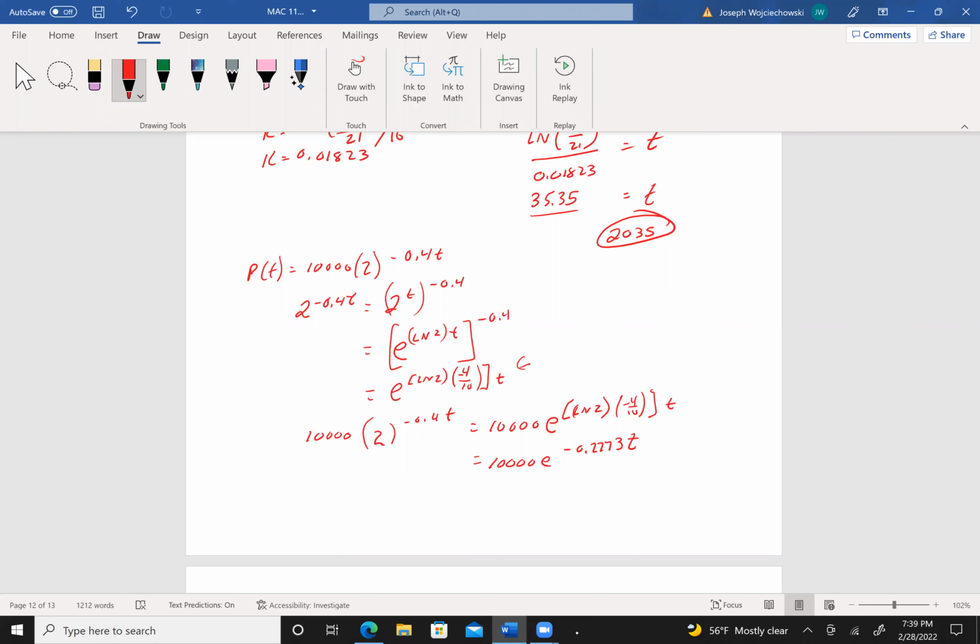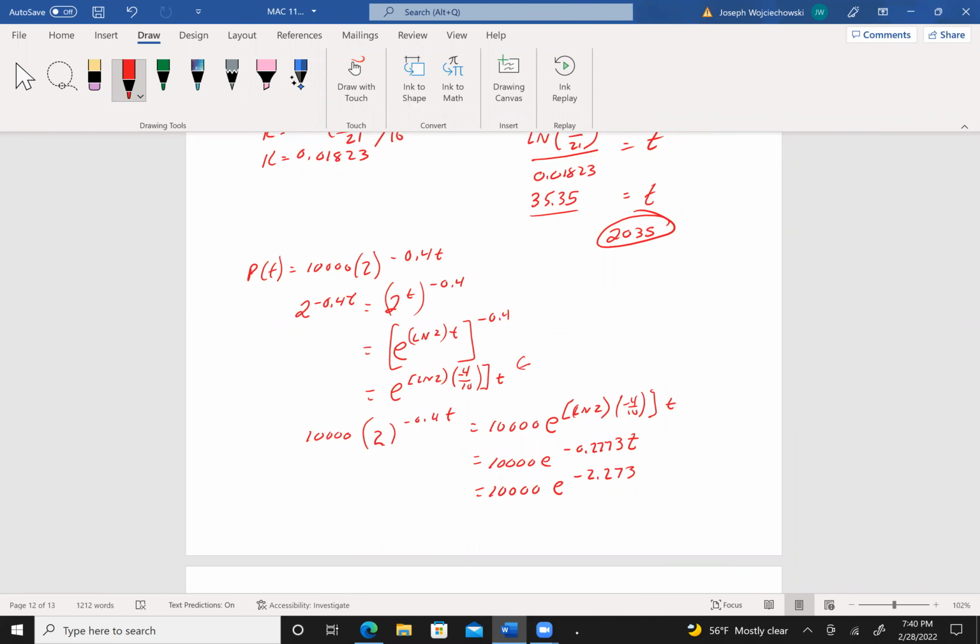So what's the function for T equals 10? Now if T equals 10, of 10,000 E, this becomes negative 2.273. So what is E to the negative 2.273?